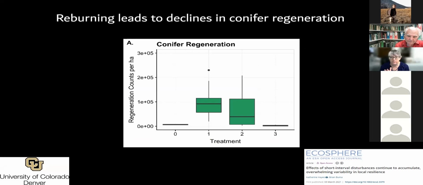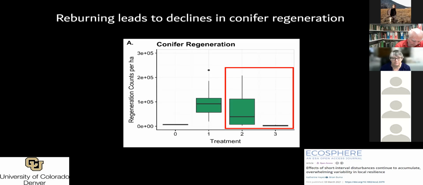So we picked sites where we had 3 overlapping burns with only 15 years between each fire, went to those field sites and measured their conifer regen. And we're indeed showing that a 2-time burn is not the same as a 3-time burn, that even in the 3-time burn, you have an even greater decline in conifer regen.